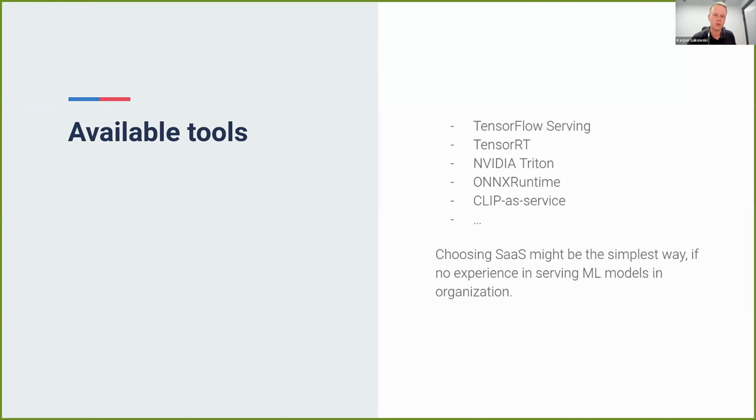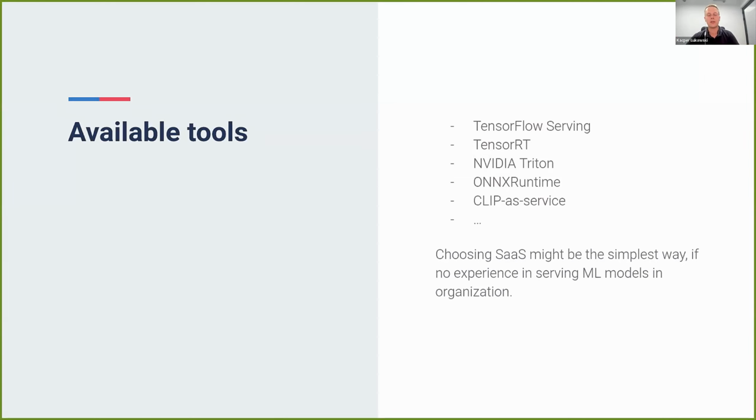Some also try to build a FastAPI application over the model of their choice. So this is also pretty interesting. There are some general usage tools mentioned here, but there's also CLIP-as-service, which is a Jina AI project that specifically works with the CLIP model and exposes it in a simple way, so you can integrate that without worrying much about setting up the infrastructure needed for the model inference phase.